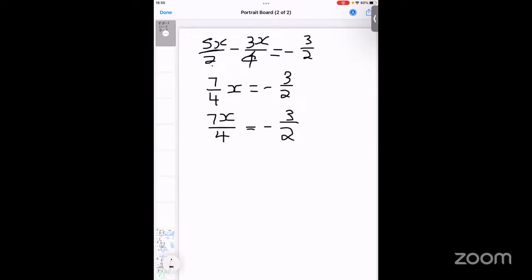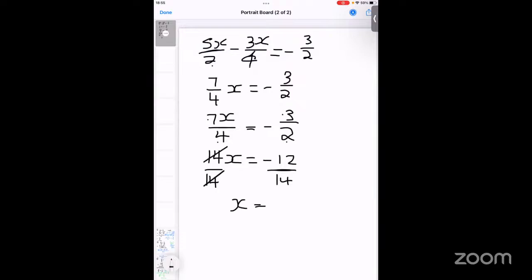So now we can cross multiply, and we end up having 14x, which equals -12. Do you agree there? Yes, sir.